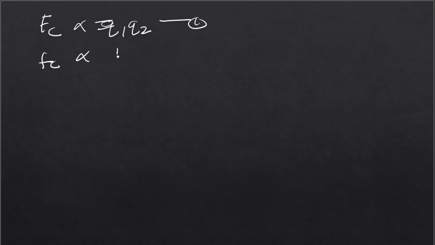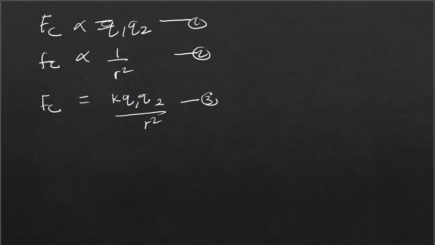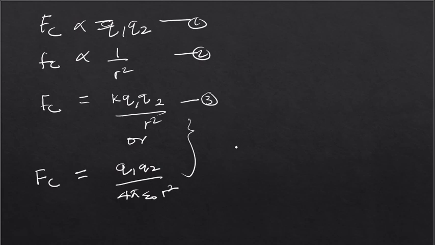Fc is proportional to 1 over r squared, which is equation 2. Fc is proportional to K Q1 Q2 over r squared, which is our equation 3. Or we can simply say Fc is equal to Q1 Q2 over 4 pi permittivity naught times r squared. So these two are still the same thing that we are talking about.